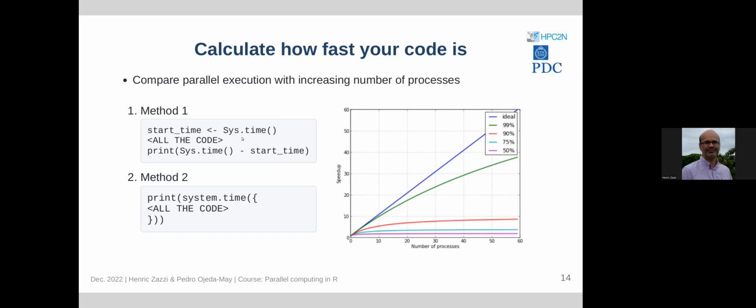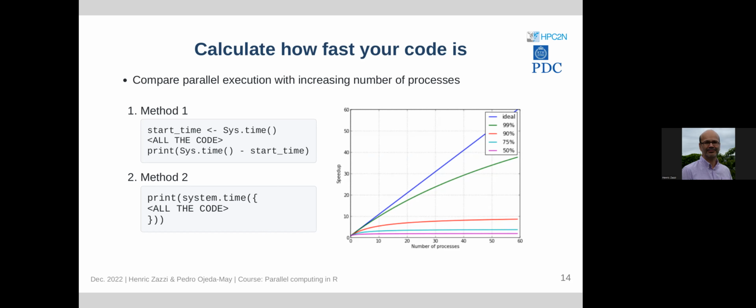The other method I want to share with you is system.time, where you put all your code in brackets, and it also prints out the system time that has passed for that specific part of your code.